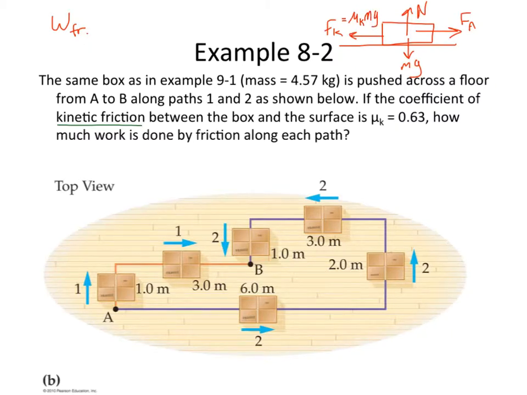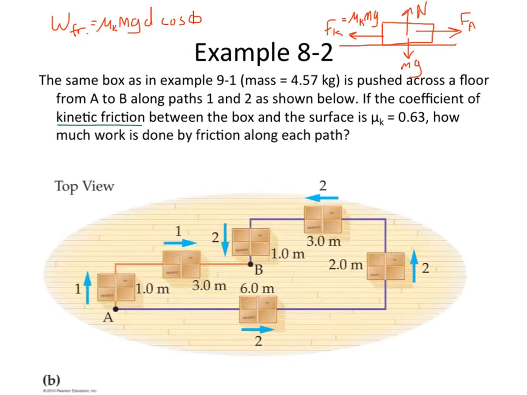We want to find the work done by friction. It's going to be mu k times mg, creating the downward force, which creates the supporting normal force. That's the actual friction force, and then we multiply it by the distance it has traveled, and by the cosine of the angle between them, phi.